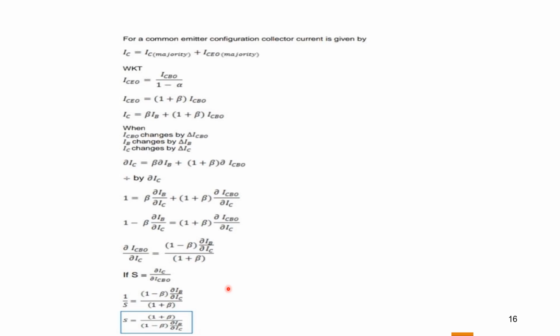If you want to find the stability factor of a particular circuit, we need to find S by finding dou IB by dou IC. Find the base current IB and differentiate it with respect to IC, or IC with respect to IB. Substitute here and we will get the S value.